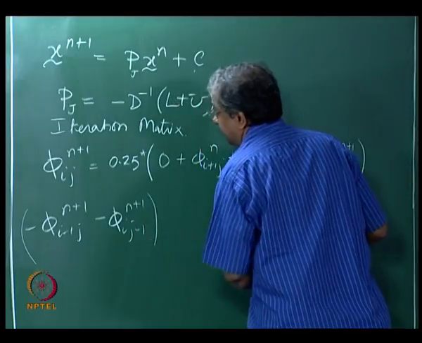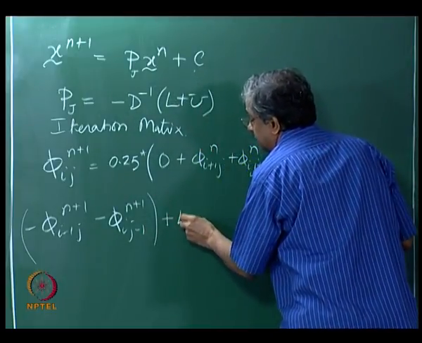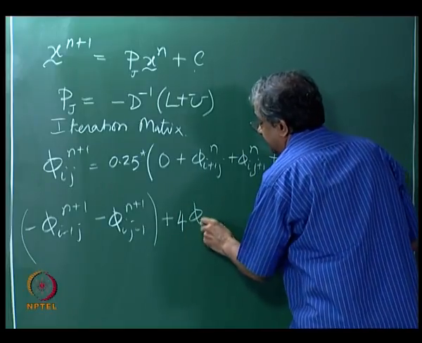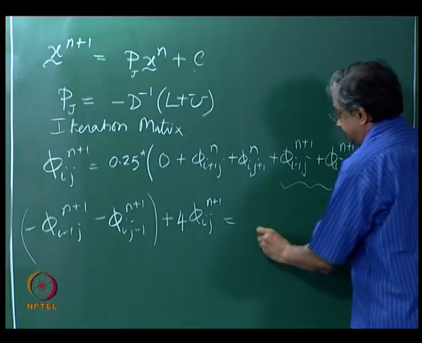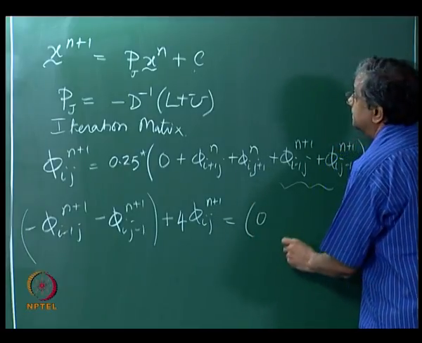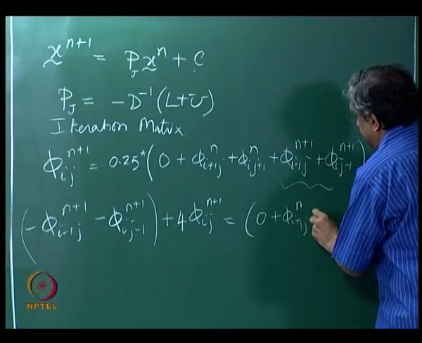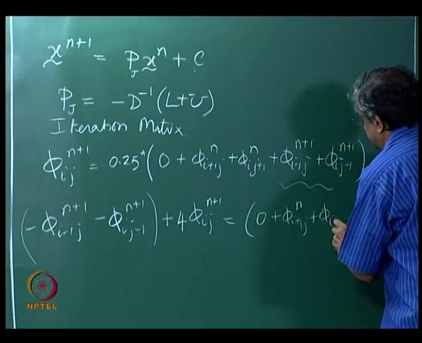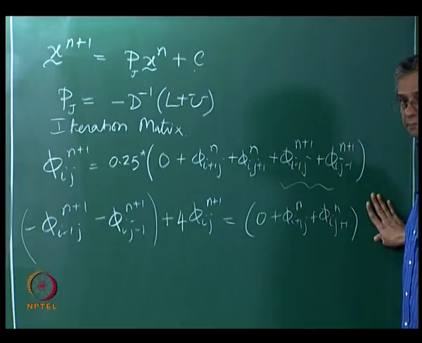We can either multiply it by 0.25 or we can get that 4 out, 4 times phi I j n plus 1, and this equals 0 plus phi I plus 1 j n plus phi I j plus 1 n.